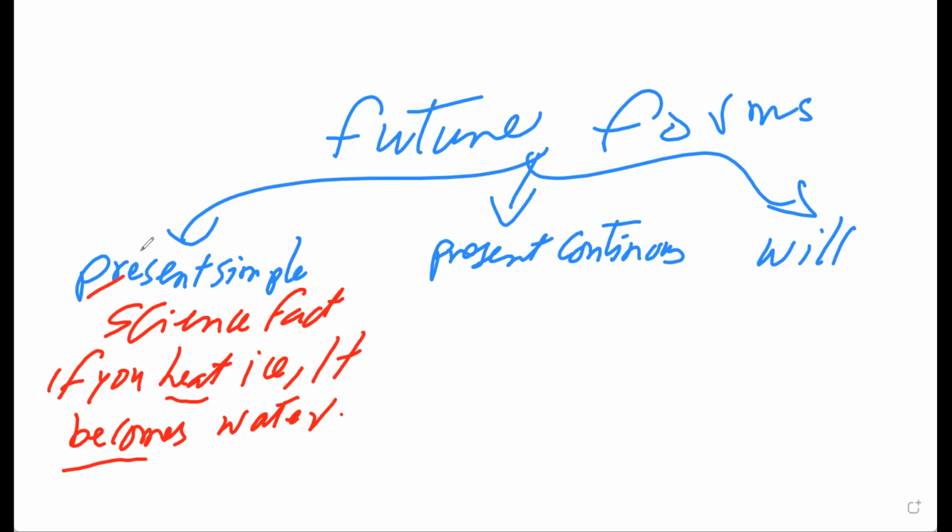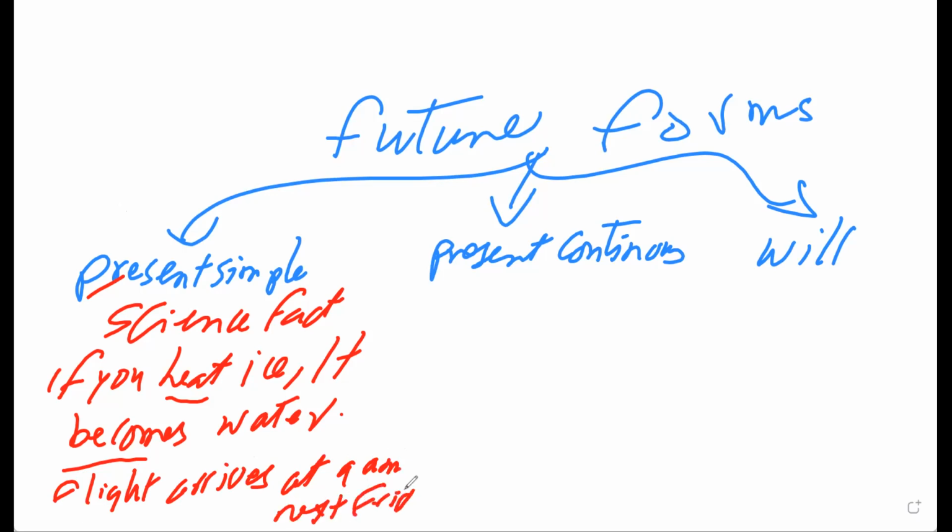Okay? Yes. طيب. Also, present with schedule. What I mean by schedule? For example, my flight arrives at 9 a.m. next week أو next Friday. طيارتي هتوصل أو رحلتها توصل الساعة 9 صباحا next Friday. الله، ليه ما قلتش هنا will arrive؟ ليه قلت arrives؟ Why?